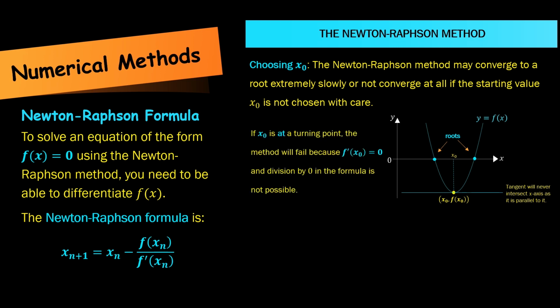So if x0 is at a turning point, the method will fail because f dash of x0 is equal to 0, and division by 0 in the formula is not possible.